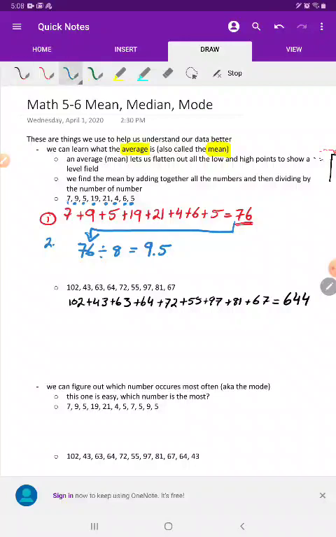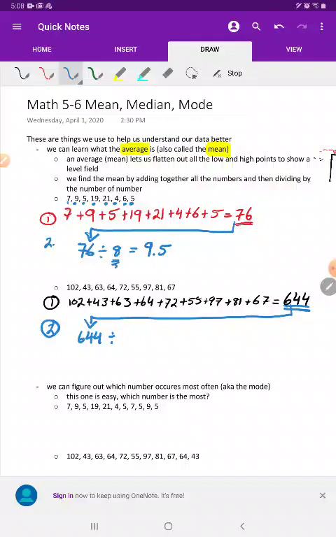That was step 1. Now we go down to step 2, and step 2 means we take this number right here. Again, we have to make sure that number is right, because if it's not right, the second part isn't going to work correctly. We write 644, and we divide it by the number of addends.